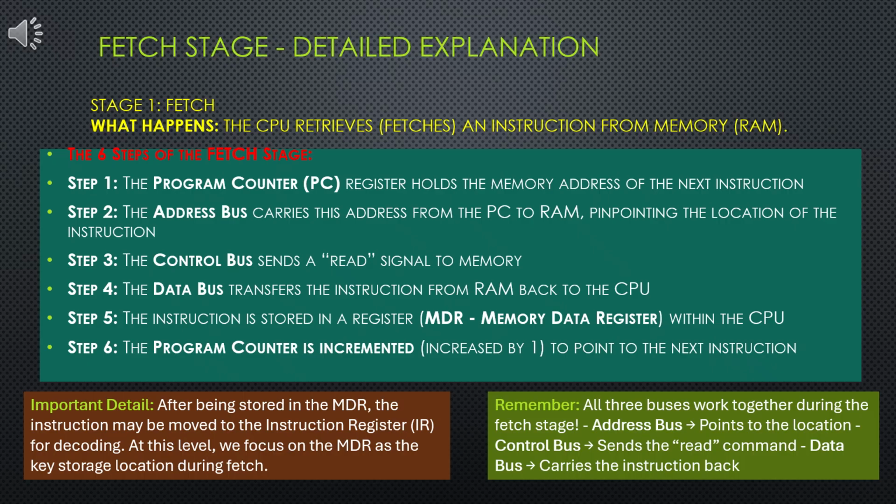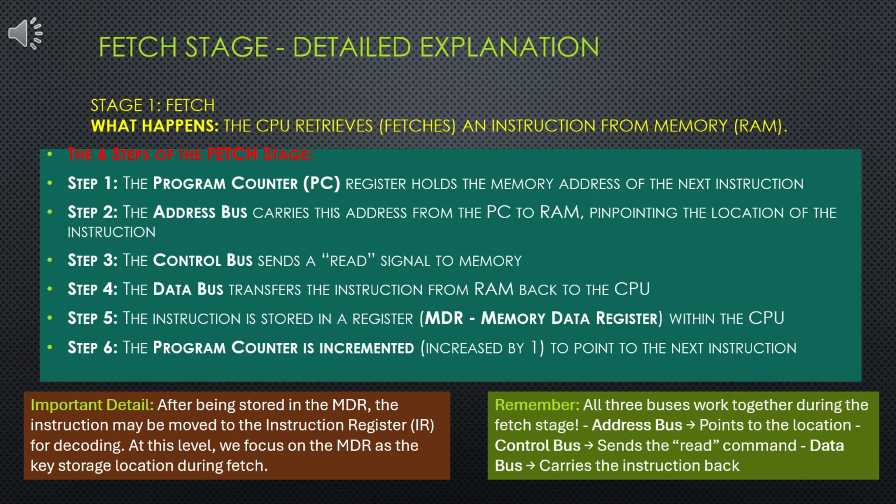Step 5. This incoming instruction is temporarily stored in a vital register called the Memory Data Register, MDR, within the CPU. Step 6. Finally, the program counter is increased by 1 to prepare for the next fetch cycle.